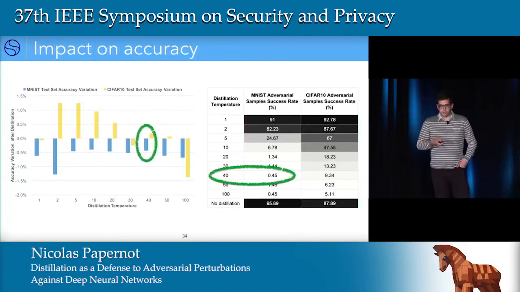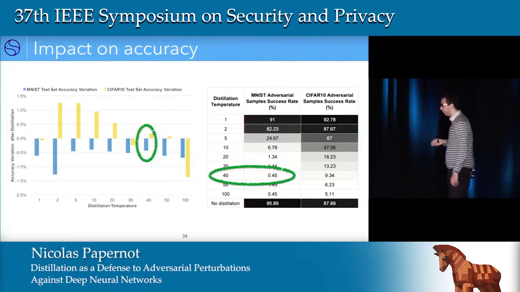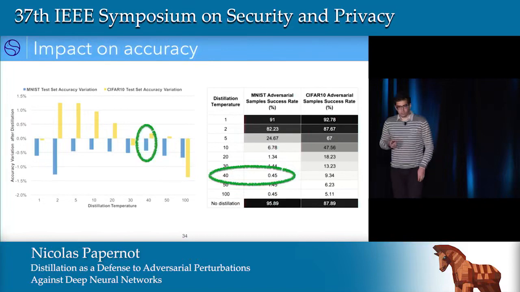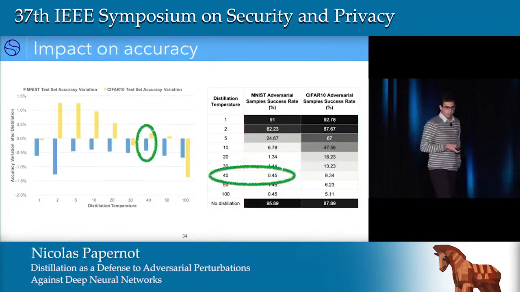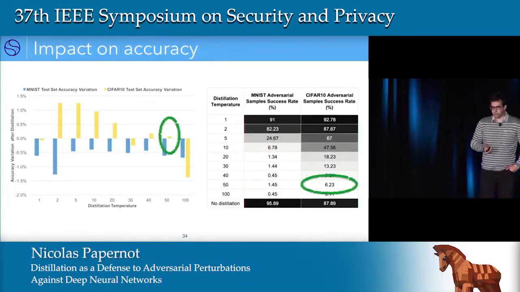And this allows you to find sweet spots where, for instance, for the digits data set, for a temperature of 40, we found that we could bring the success rate down to 0.45% while degrading the accuracy by only a little less than 0.5% as well. And the same thing holds for the image with colors of objects.